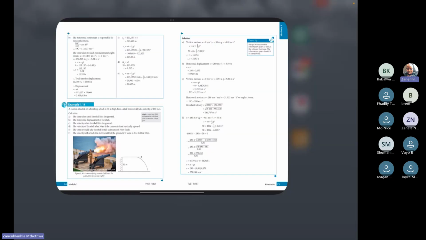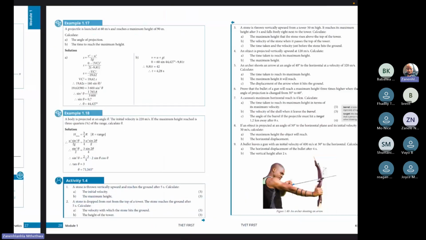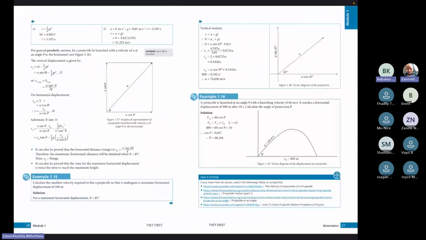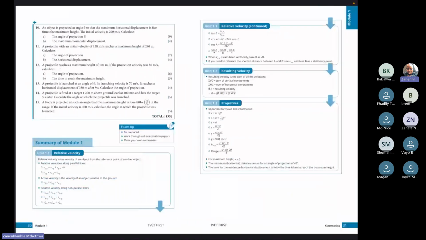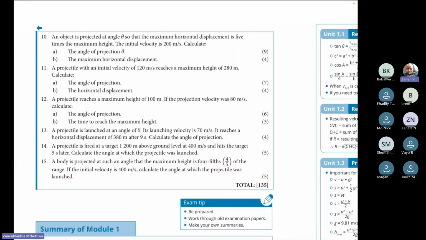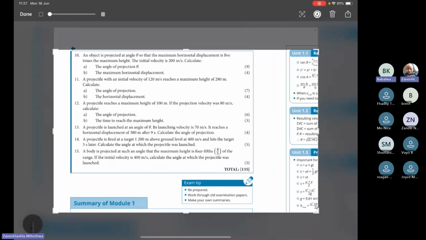Is it this one? An object is projected at such an angle. Yes, it is that one. Okay. I think that one is slightly different.